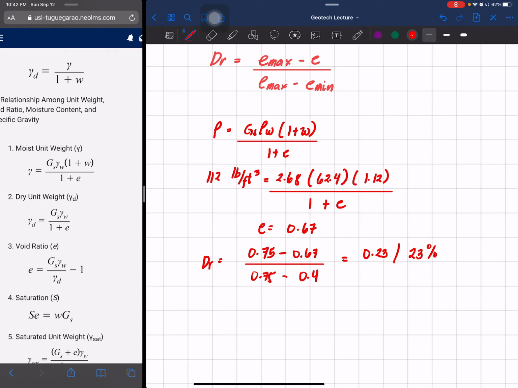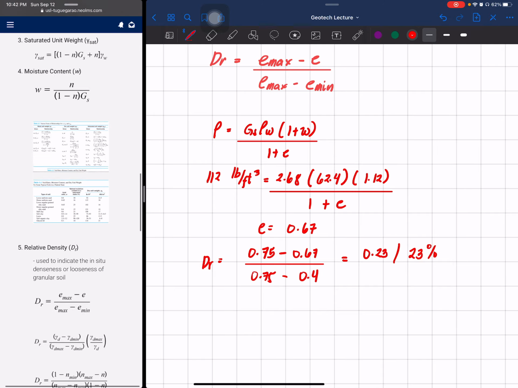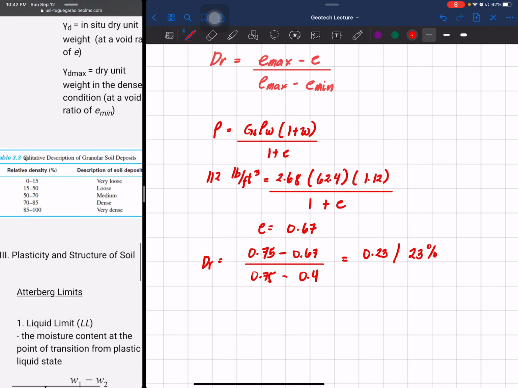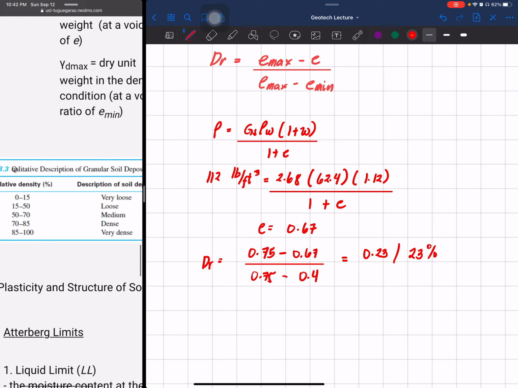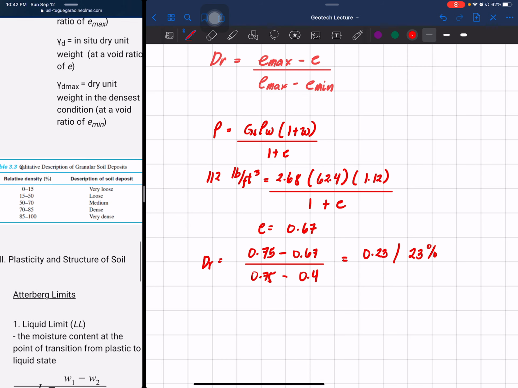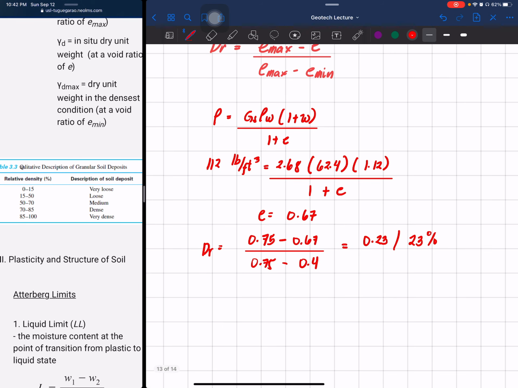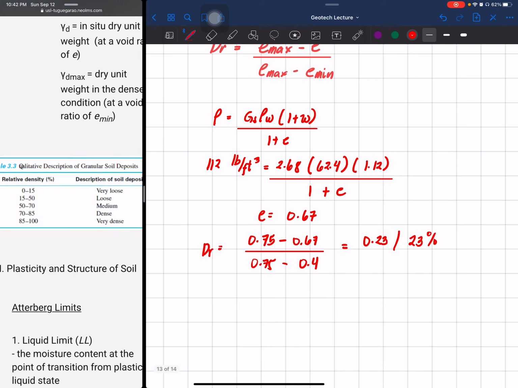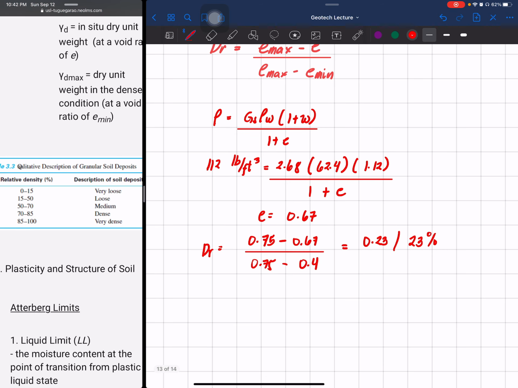Okay. So let's describe the soil kasi when you get the density kasi meron tayong description here. Okay. So here is the qualitative description kapag merong relative density. So kung meron tayong relative density, okay, ito yung range niya. So magfo-fall yung ating soil under the loose, okay? So we can conclude that this soil is a loose soil kasi it's 23%.